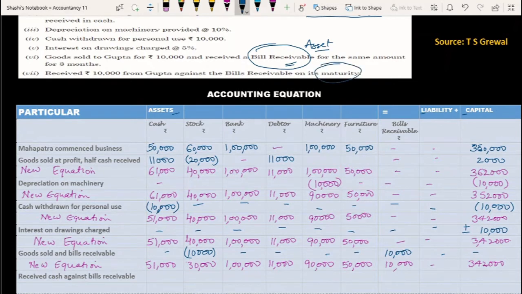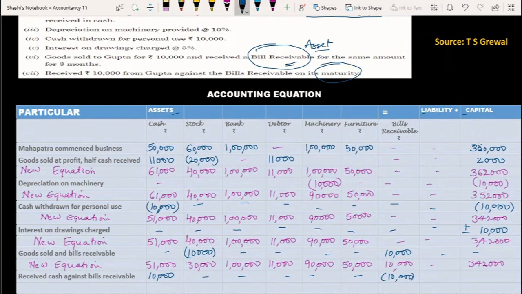As I said, this is like for 3 months or 4 months it's drawn, and on maturity, the customer has paid the money. So if he pays the money, of course, this receivable amount will be reduced now. There is no receivable here, and also the cash will be received for that sake. Okay, so 10,000 cash is received, so we are going to add here 10,000. Other things will remain same, and this 10,000 amount will decrease. Why?